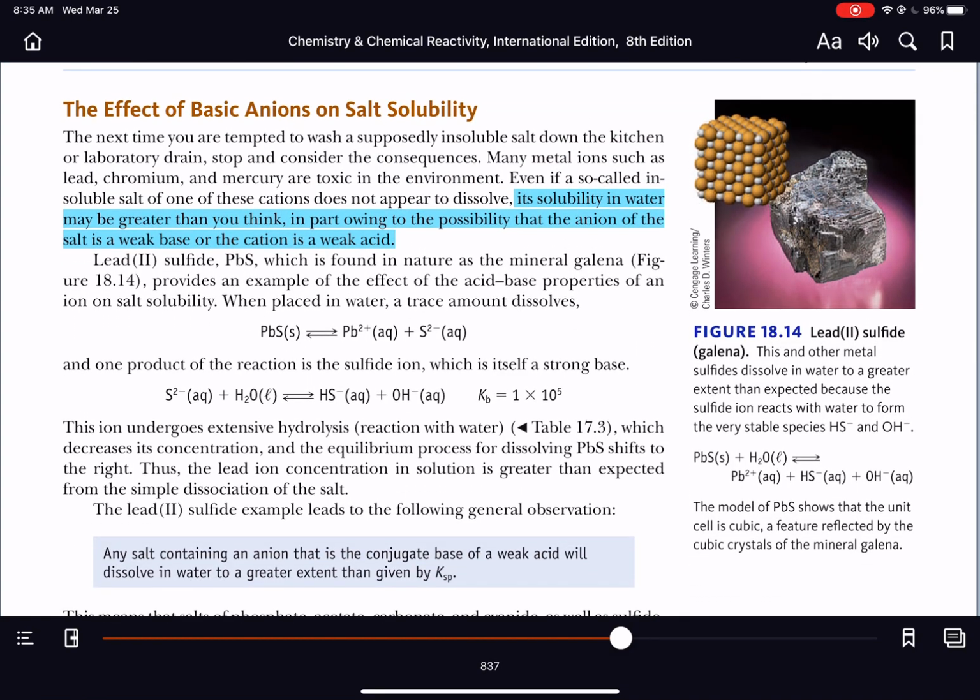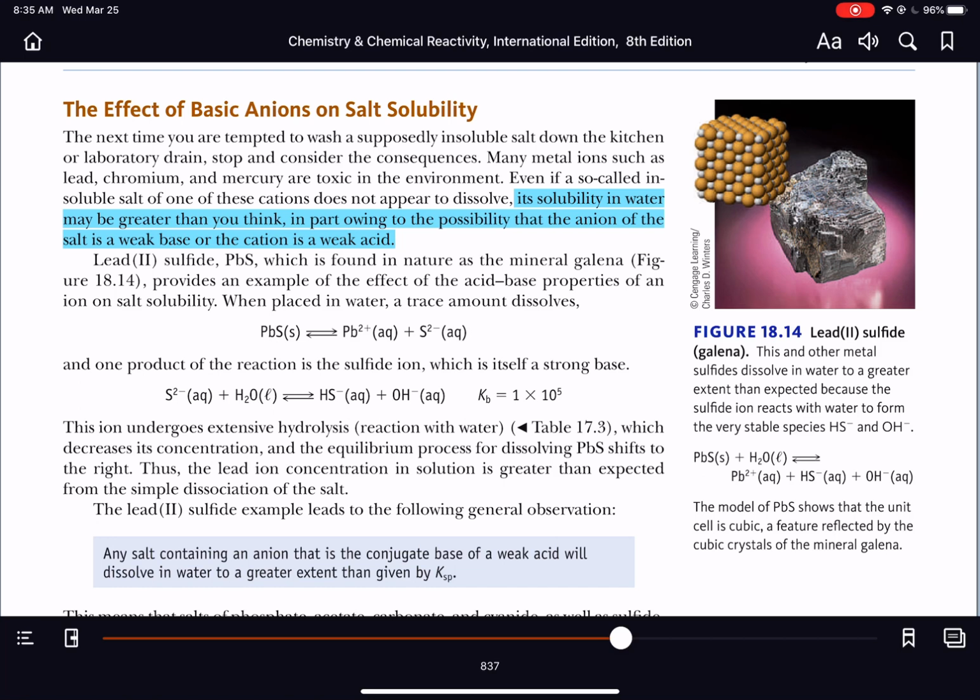Now we get into a topic that is a little bit more technical and builds on what you had before. The effect of basic anions on salt solubility. So what is a basic anion?